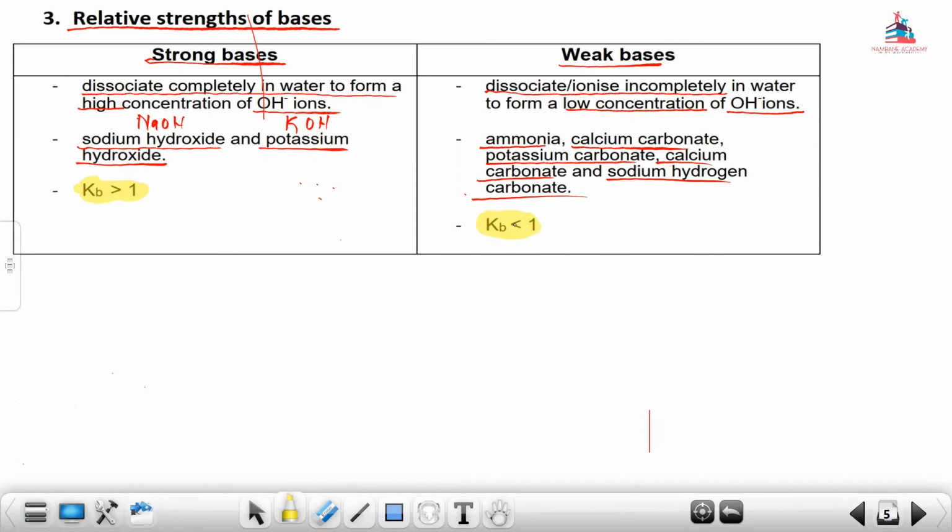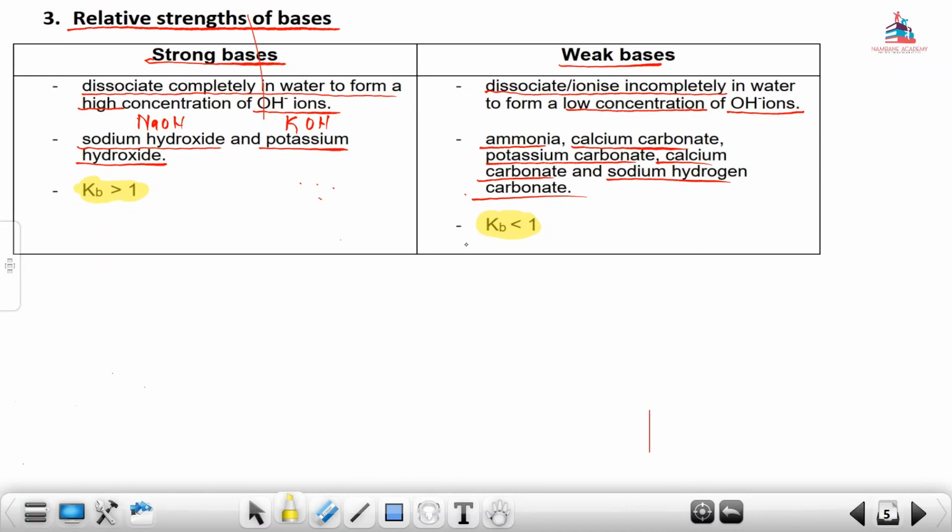So if the Kb value is greater than 1, then that base is a strong base. If the Kb value is less than 1, it means the base I am working with must be a weak base.